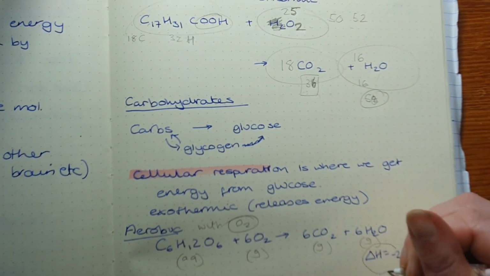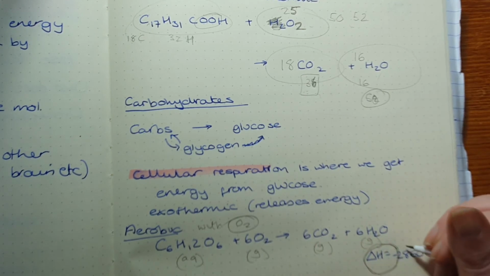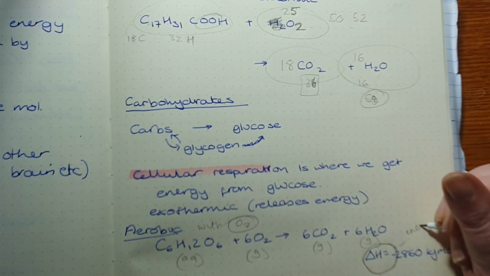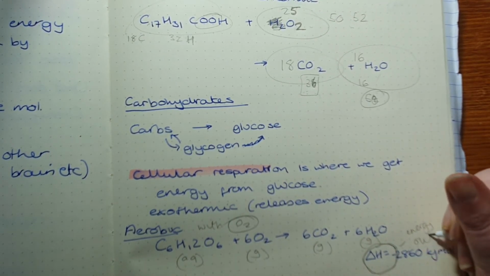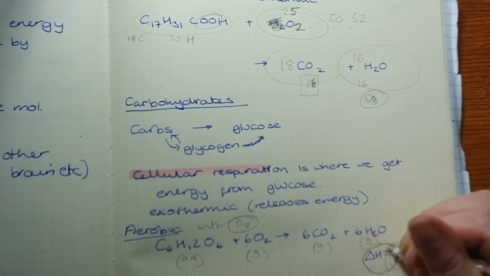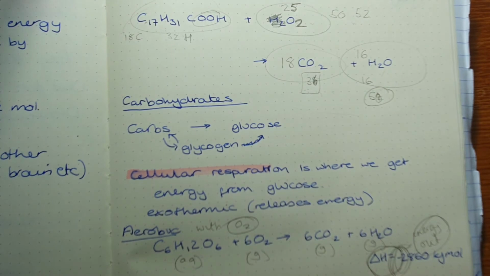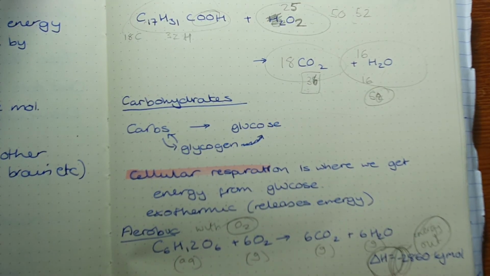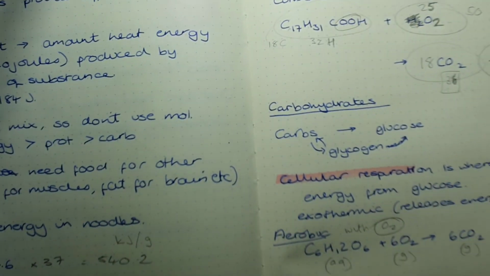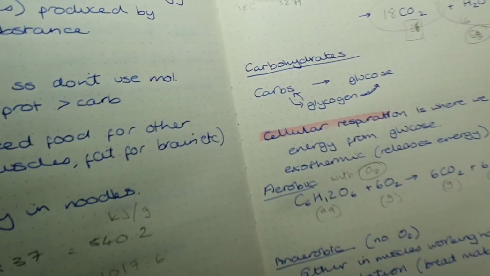Remember, delta H, when it's negative, means energy out. Don't forget this. I'm going to suggest, without even looking at it, that's a thing that gets missed by lots and lots of students. It's the kind of thing I would miss, so that's why I know.